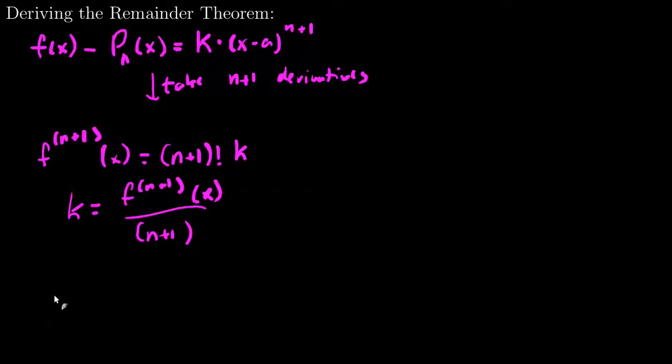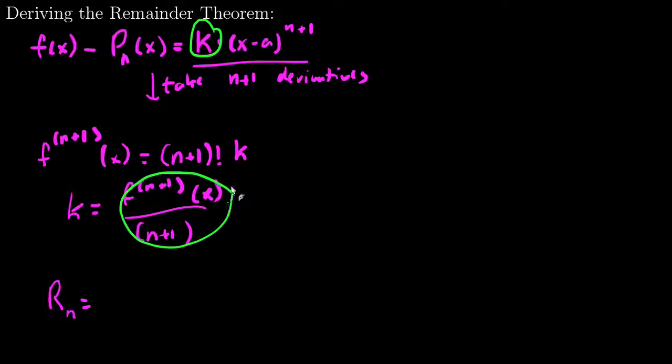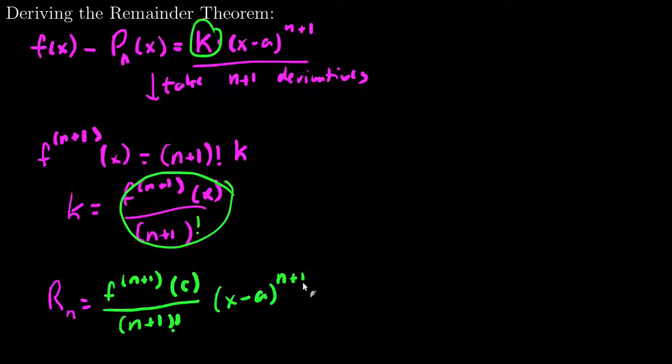We're going to get this down, so that means that the remainder, when I do subtract these polynomials, will be this, where I replace the k with this term at some c in that interval over n plus 1 factorial, because I would divide both sides by n plus 1 factorial, and then multiply it by x minus a to the n plus 1.